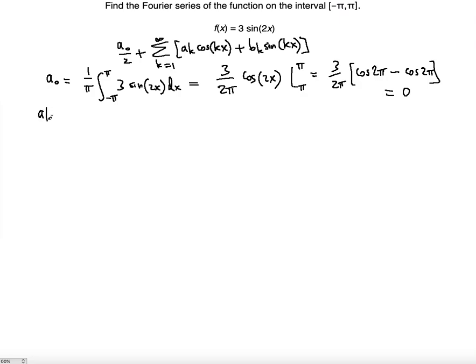So now a subscript k is going to be 1 over pi integral from negative pi to pi of the function multiplied by the cosine of kx dx. Now this will be a heavily lengthy integral. I'm not going to do this here, but you should try this on your own.